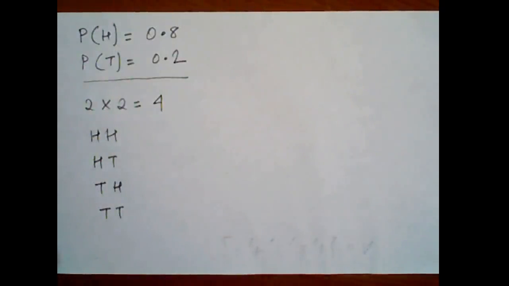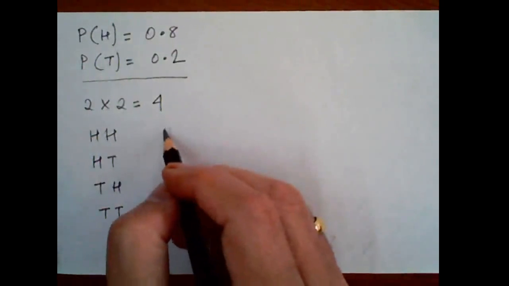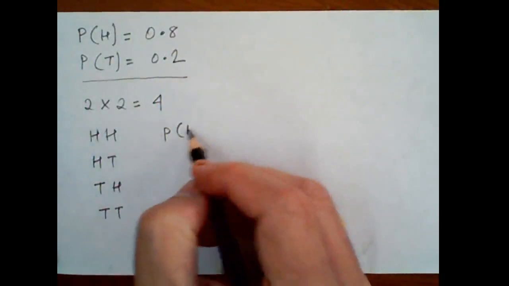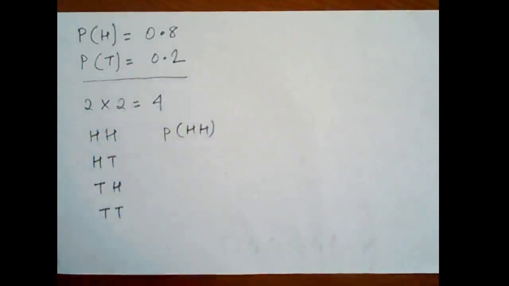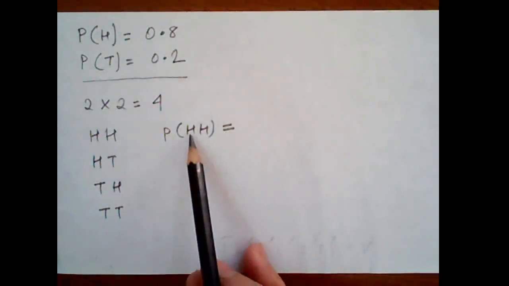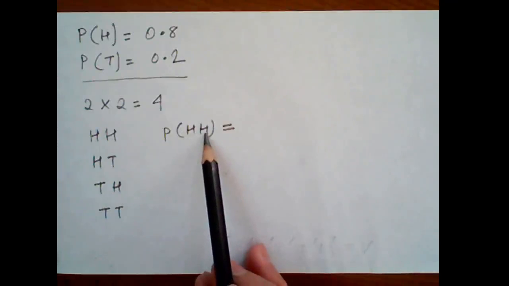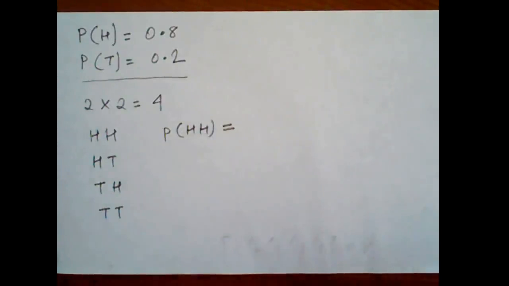Now, for this unfair coin, let us calculate the probability of HH. So that will be probability of heads in the first toss times the probability of heads in the second toss. Okay, this coin could be unfair, but nonetheless, the first and the second tosses are independent.